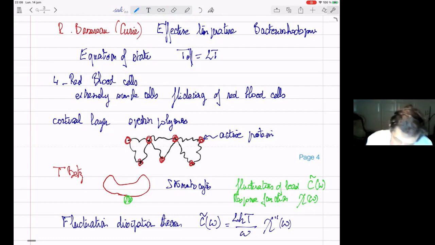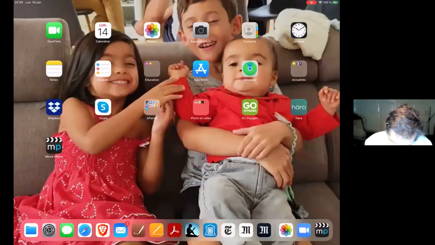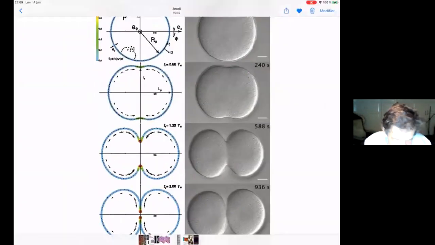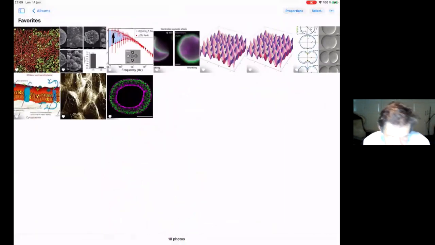So you measure chi, you measure the imaginary part, and then what you want to check is that this quantity C goes like 2kT times chi double prime. So let me show you the result of the experiment.